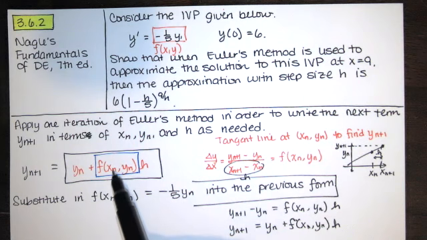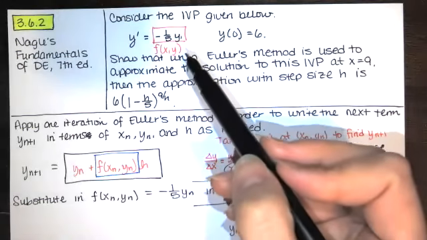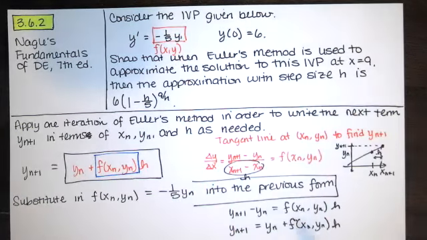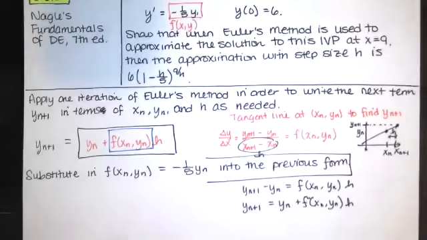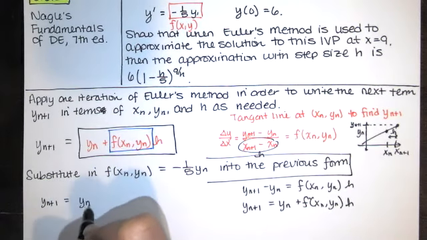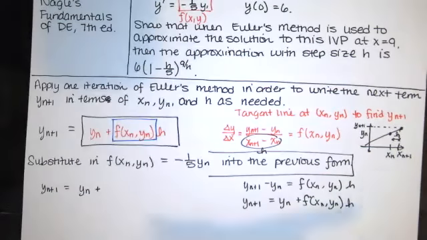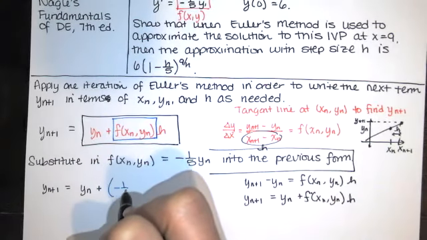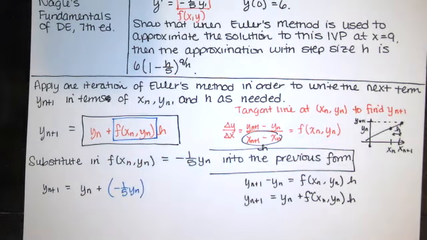Well, the slope at x sub n, y sub n, according to this differential equation, is negative 1/5 of the y value. So that's negative 1/5 of y sub n. That's all they want you to do here. So y sub n plus 1 is equal to y sub n plus that slope, which we know to be negative 1/5 of y sub n because of the right-hand side of the differential equation, times your h.